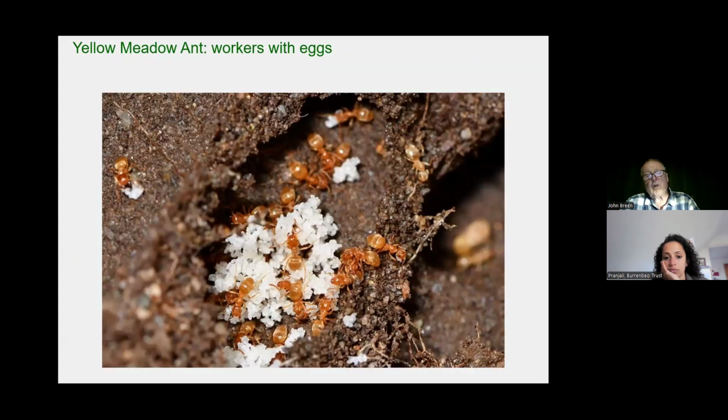And so if we're also looking in, now I don't think I've mentioned it before, this is the color that I'm calling yellow. So these are the yellow meadow ant, and these ones are mostly either eggs or young larvae. Maternity ward here.